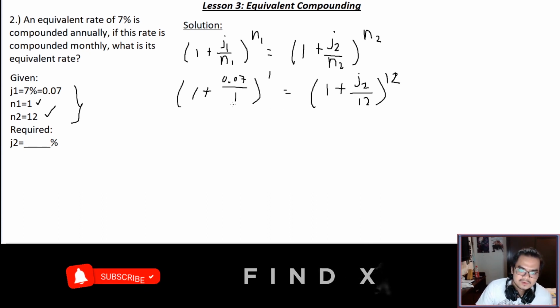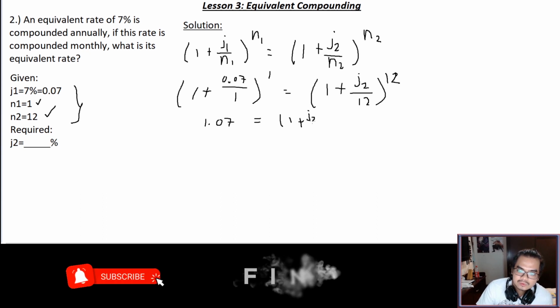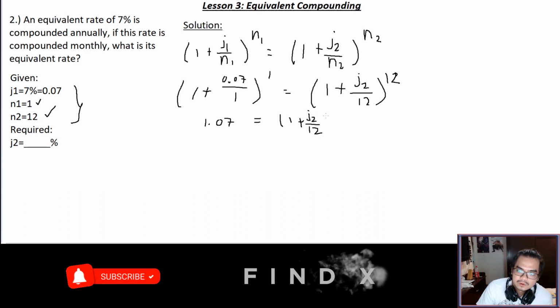Okay, so simplifying this, that is 1 plus 0.07 over 1, all raised to 1. That is just 1.07, right? So 1.07 must be equal to 1 plus J2 over 12 raised to 12.